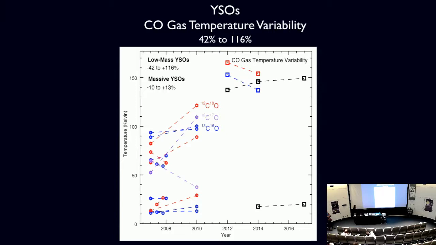Well, they're all different targets, so sometimes we're looking at disks, sometimes clouds, sometimes envelopes. They'd be at different areas, and their integrated temperatures are different, so that's a question of where we are looking.